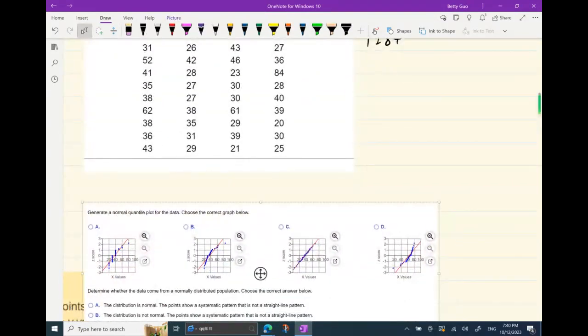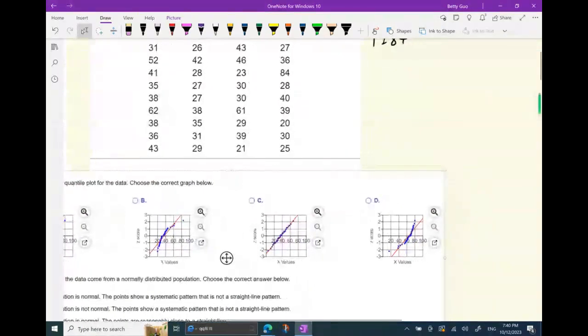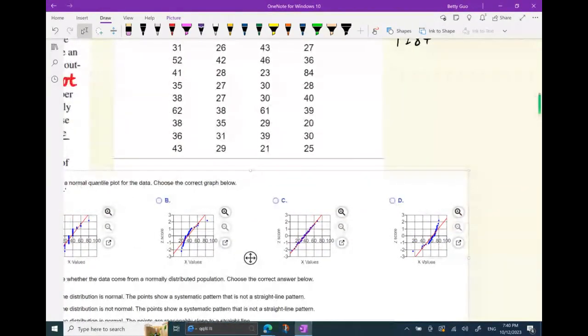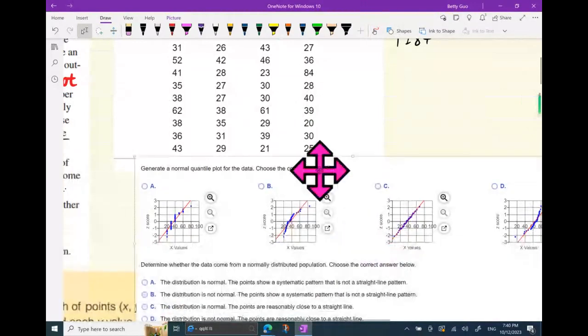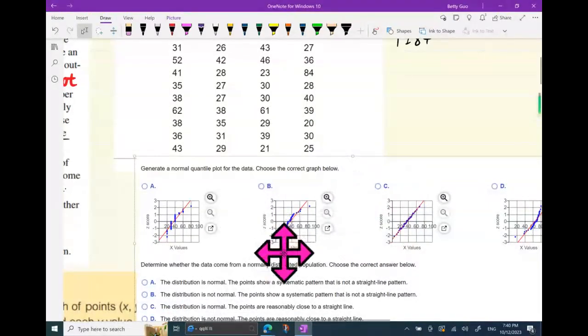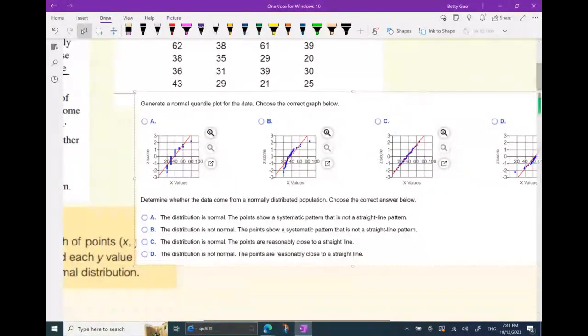So let me introduce this problem. This problem gives you a data set or sample, and asks you to construct the QQ plot. That actually asks you to choose which one is the QQ plot.